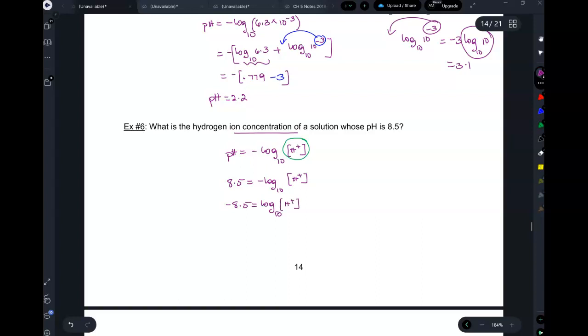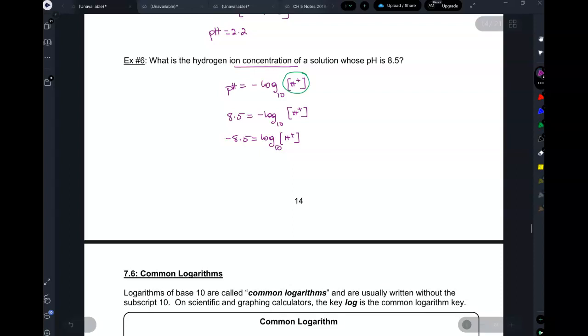So how much is the H plus concentration? It's 10 to the power of. Remember, this is now an exponent, and every exponent needs a base. What's the base? 10 to the power of negative 8.5. Okay, and that's good enough. You could just leave your answer like that. All right, so that's that.